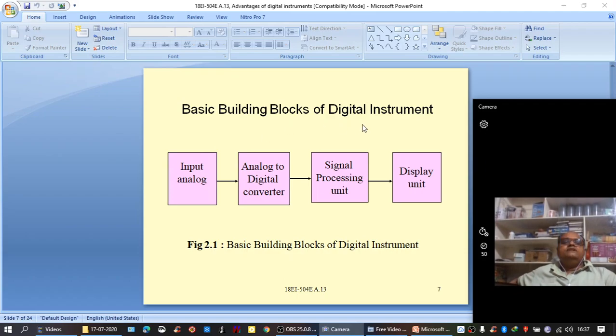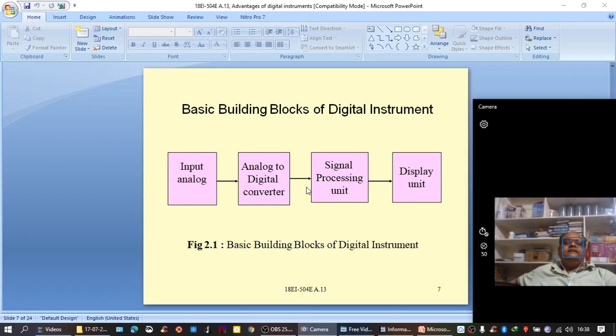And the basic building blocks of a digital instrument are, naturally, input is analog one. This is the input signal. The first block is analog to digital converter. The external analog signal is applied to an analog to digital converter to produce a digital equivalent of the given analog input voltage.